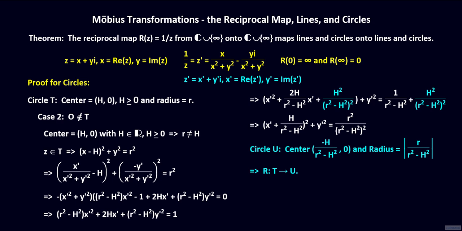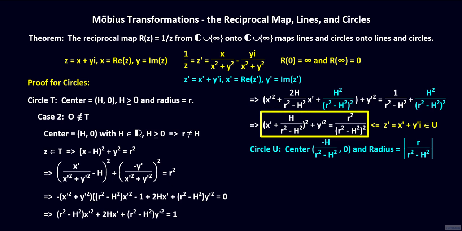All we have to do is reverse the steps that got us from circle T to circle U. Take any z prime, or x prime plus y prime times I, on circle U. Every z prime on circle U satisfies this equation. This equation is equivalent to this equation.